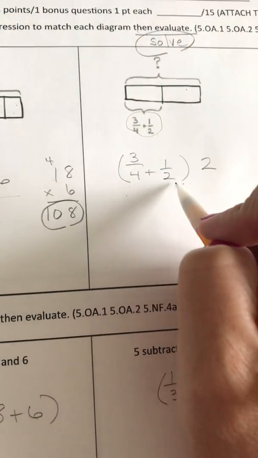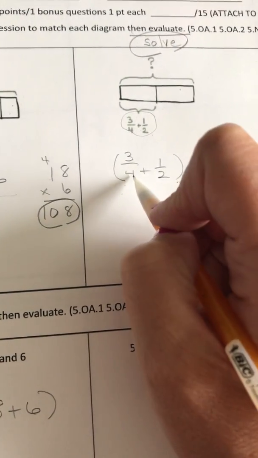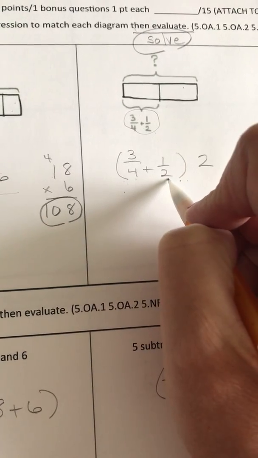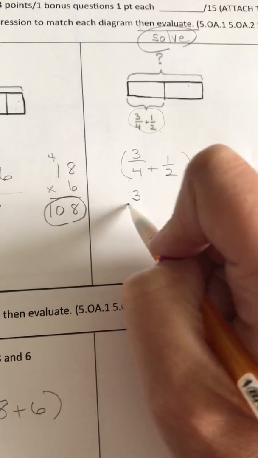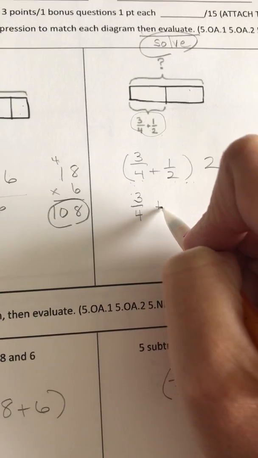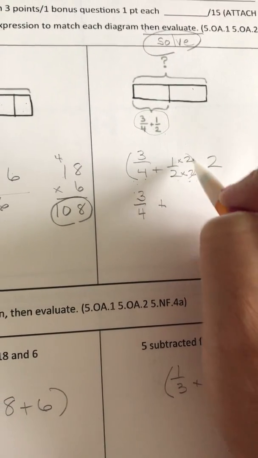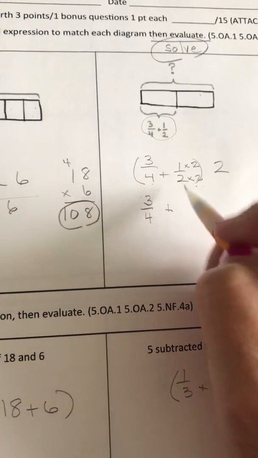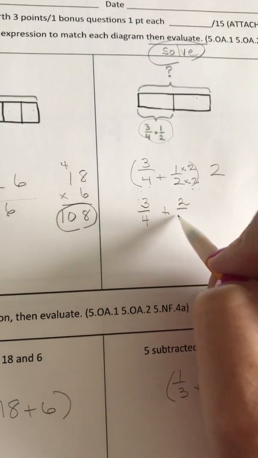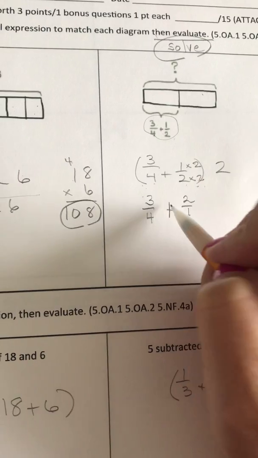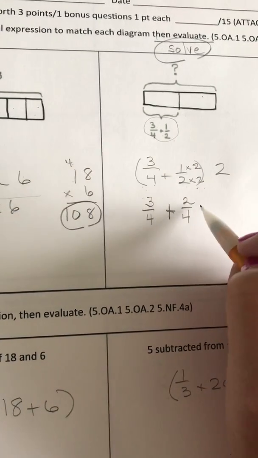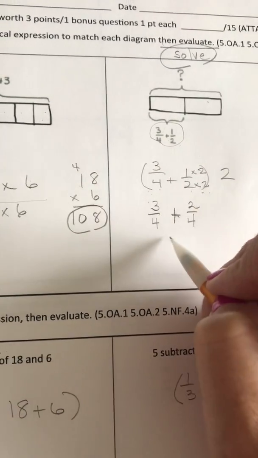So we have 3/4 plus 1/2. We can't add these because the denominators need to be the same. So let's say 3/4 plus, our 4 is going to be the denominator. Whatever you do to the bottom, you have to do to the top. So now I have 2/4, which is going to give me 5/4.